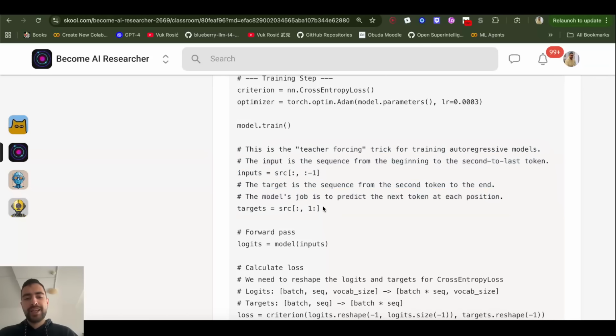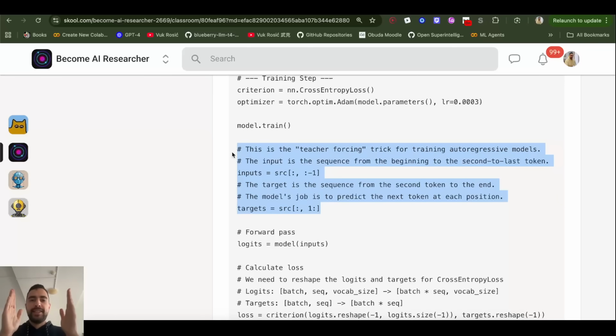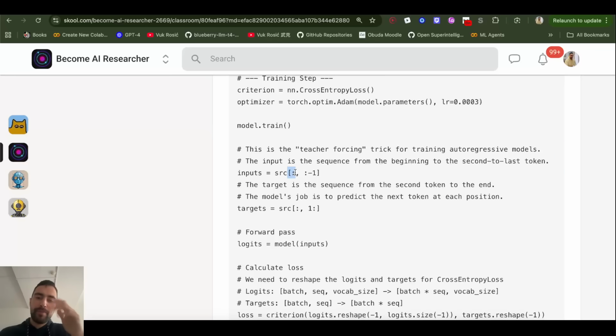So this is how you train a large language model. You have a sequence, so your inputs are going to be the entire sequence except the last token, and your target is going to be the entire sequence except the first token. And I'll explain why, but you see here, we take all of the batches, all of the conversations, all of the sequences, I should say. Inputs is everything except the last, and target is everything except the first token.